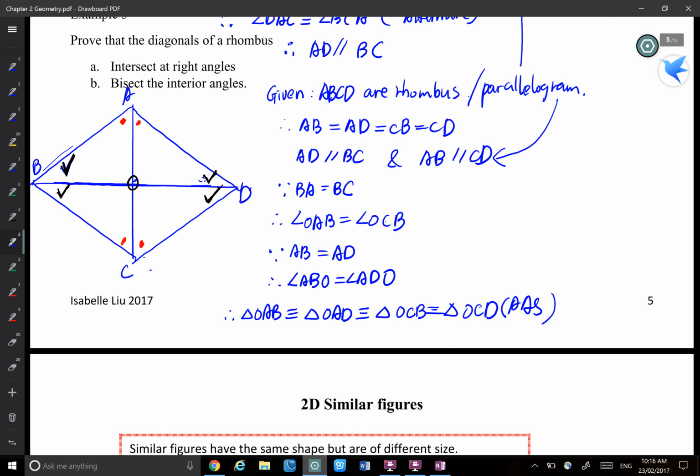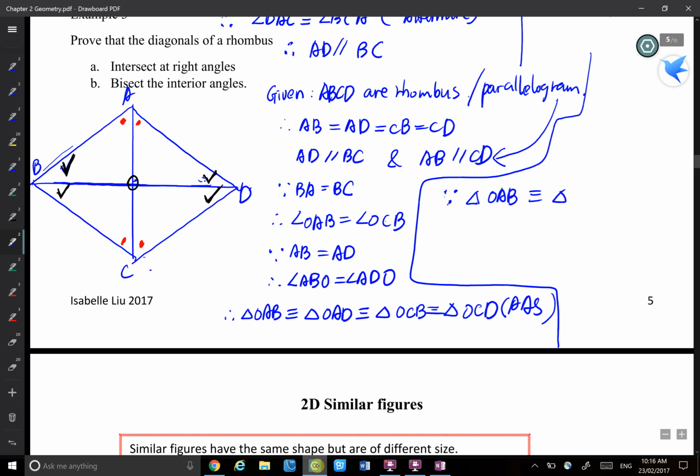Okay, the next thing you're trying to prove: because triangle OAB is congruent to triangle OAD, therefore the angle AOB equals the angle AOD, because they are corresponding angles.